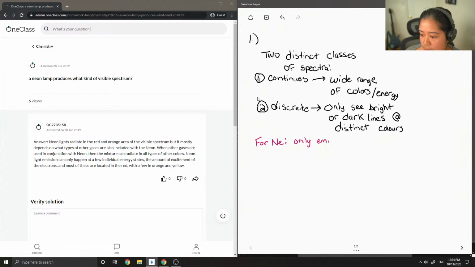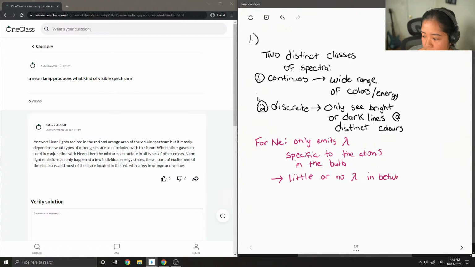So it only emits wavelengths specific to the atom's bulk. Also for neon, there's little or no wavelengths in between.